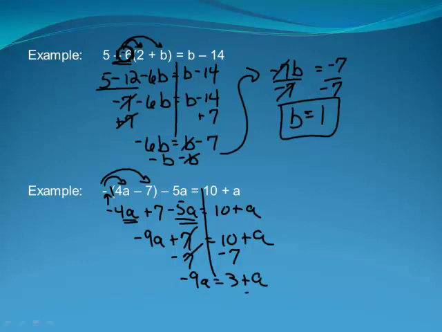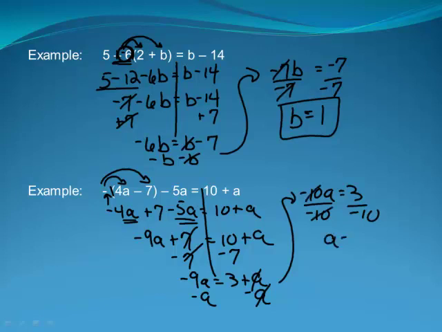I want to move that a, so subtract a, which is the same as 1 times a, if you want to put a 1 ahead of that. Negative 9a and negative 1a is negative 10a, and that's equal to, on the right-hand side, positive 3. Trying to isolate a, so we're going to divide both sides by negative 10, and a is equal to negative 3/10 as our final answer.